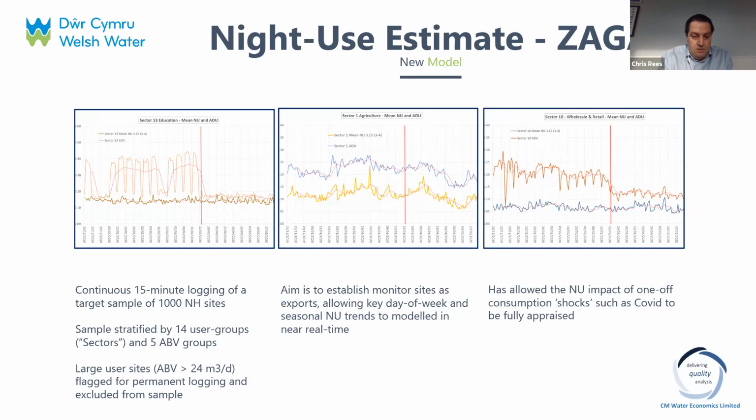Then when lockdown kicks in during March, you can see that the total daily flow has dropped right off, but night use has stayed the same. That's indicative of urinals and plumbing losses really. So if we had used the annual average volume estimate in this instance, we'd probably be under-recording that night use quite significantly.